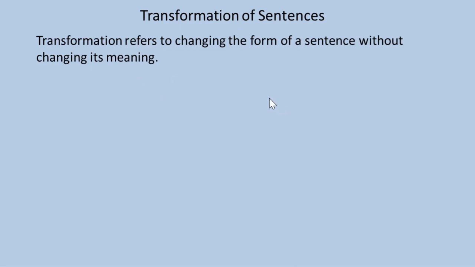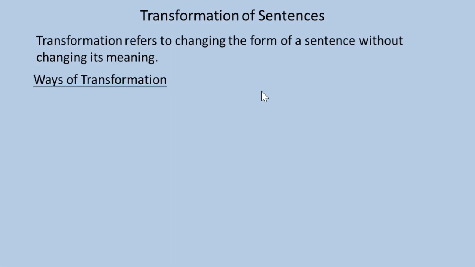So transformation refers to the conversion of a sentence, where we actually do not change the meaning of the sentence after converting, after changing. So both sentences have the same meaning.